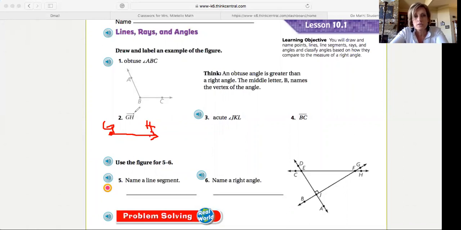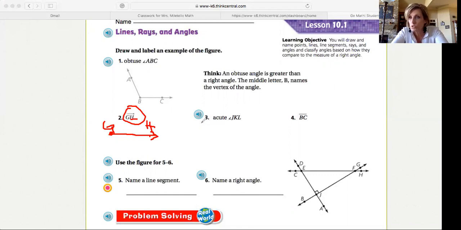The side with the arrow on it is where that letter point should be. So make sure that when you make your ray, the side that has the arrow in the little symbol up here, the arrow is on this side under the H. So your point H should be over here where the arrow was. If the arrow was over the G, then you would put your arrow on this other end of the ray that you drew.